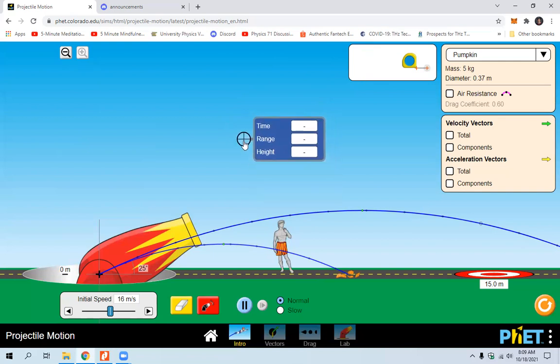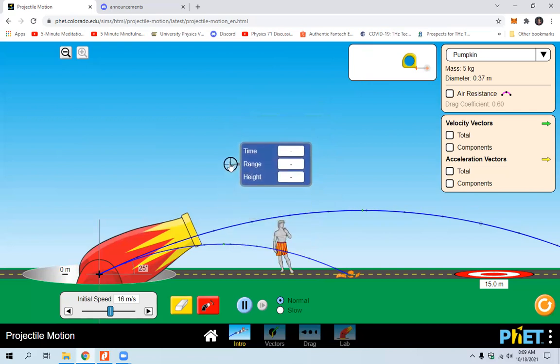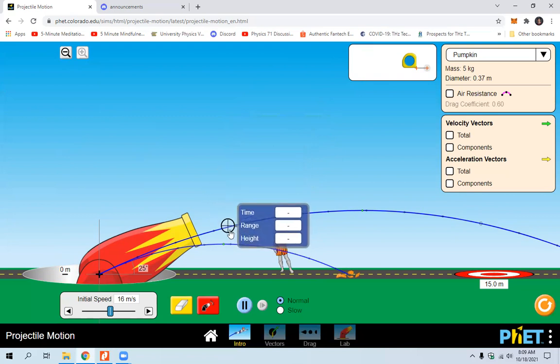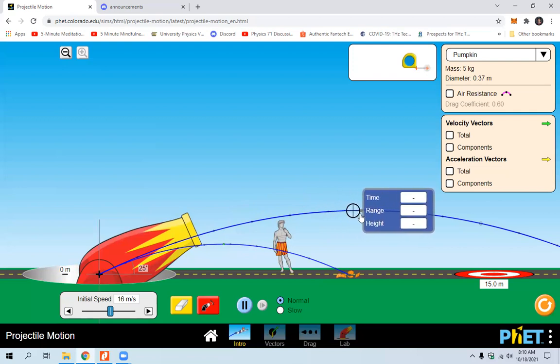So, para gamitin ito, tinatapat nyo ito somewhere sa trajectory, along the parabolic line. Kung pansin nyo, yung mismong trajectory nyo ay may parang dots along with the lines. Dito lang nagkakaroon ng value yung tracker nyo. Tapos basta nakatapat sa dot, doon ka magkakaroon ng data point na specific.